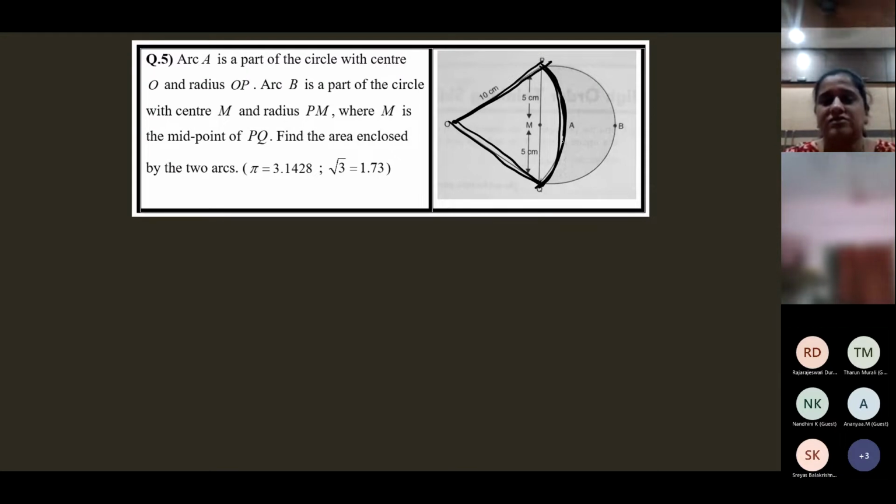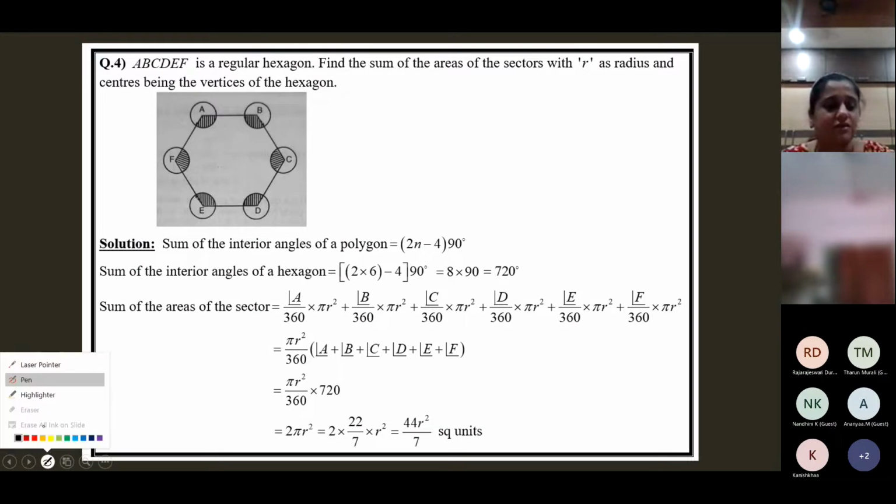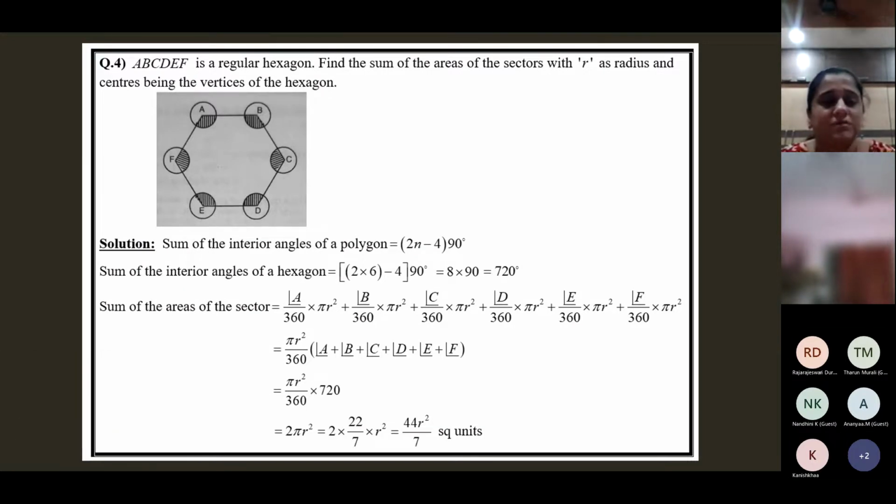Why is it a part of the circle? Because you can complete it and get the circle, right? Sector is a part of the circle. See here, the sector is a part of the circle.